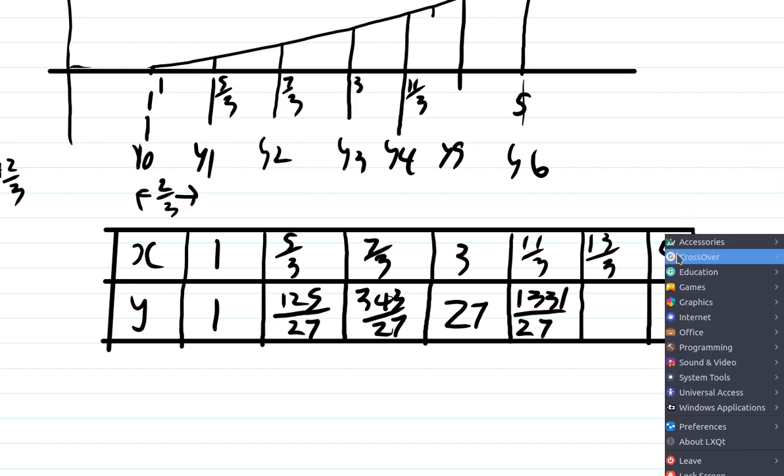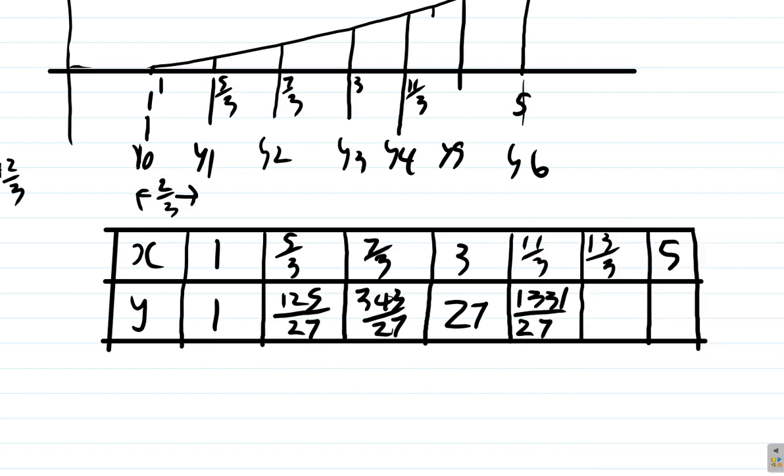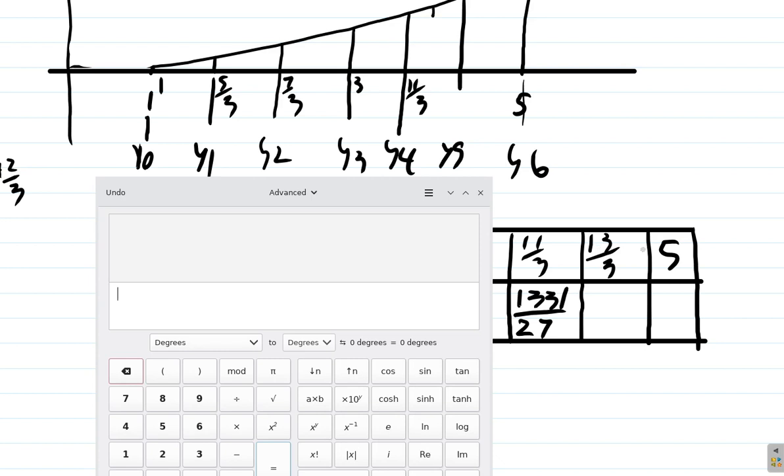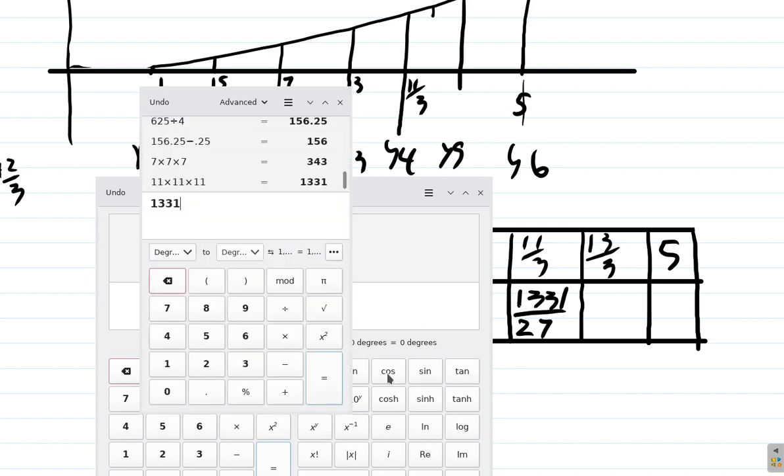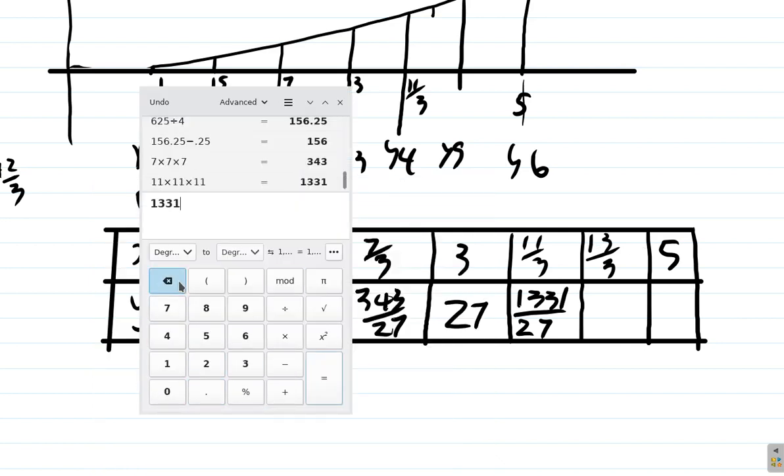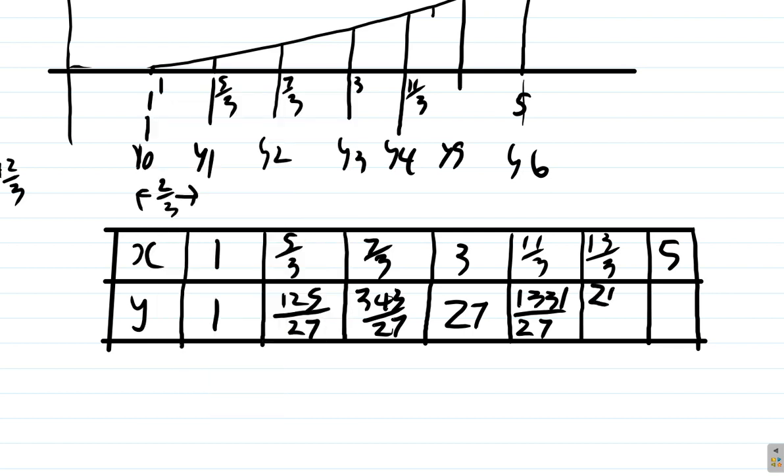Then we're going to have 13 cubed. What does that give us? 13 by 13 by 13 equals 2197. There's 2197 over 3 cubed, which is 27. 5 cubed is 125. Alright.